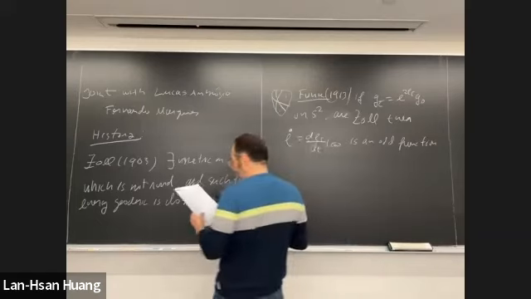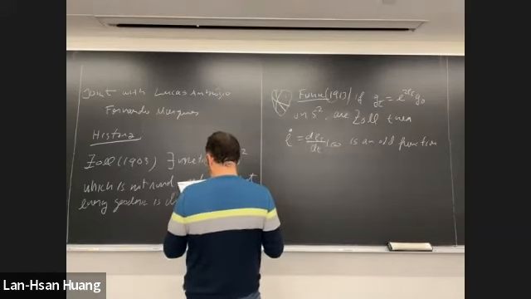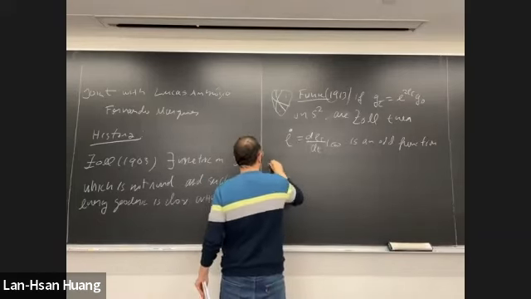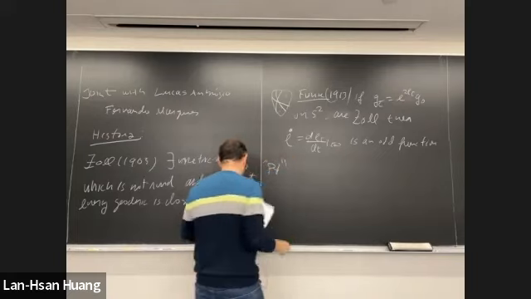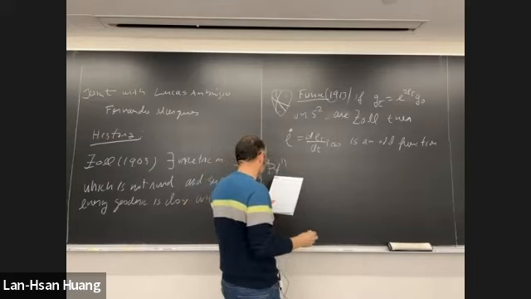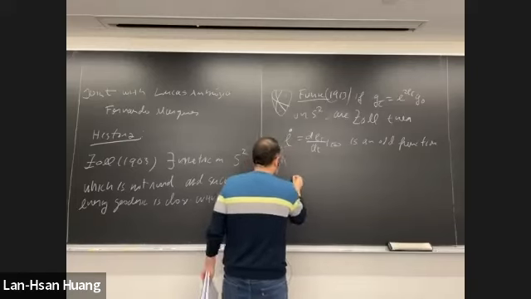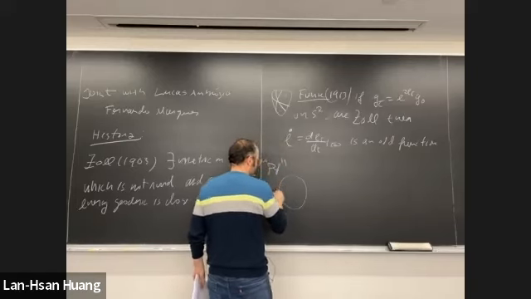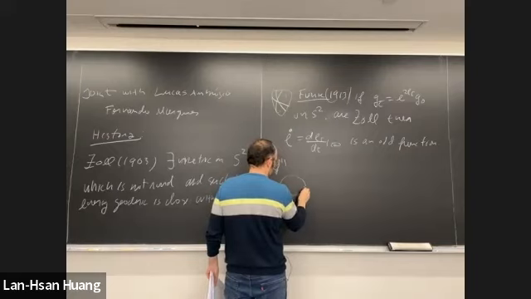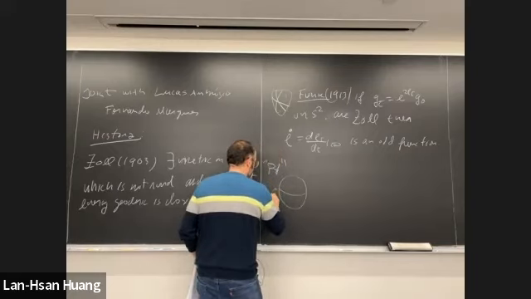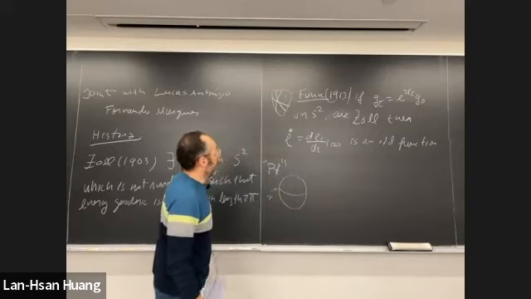Okay, so let me tell you what the idea is. Let's do the picture. We have the two-sphere, and this is the round metric, and we have here one geodesic, gamma.